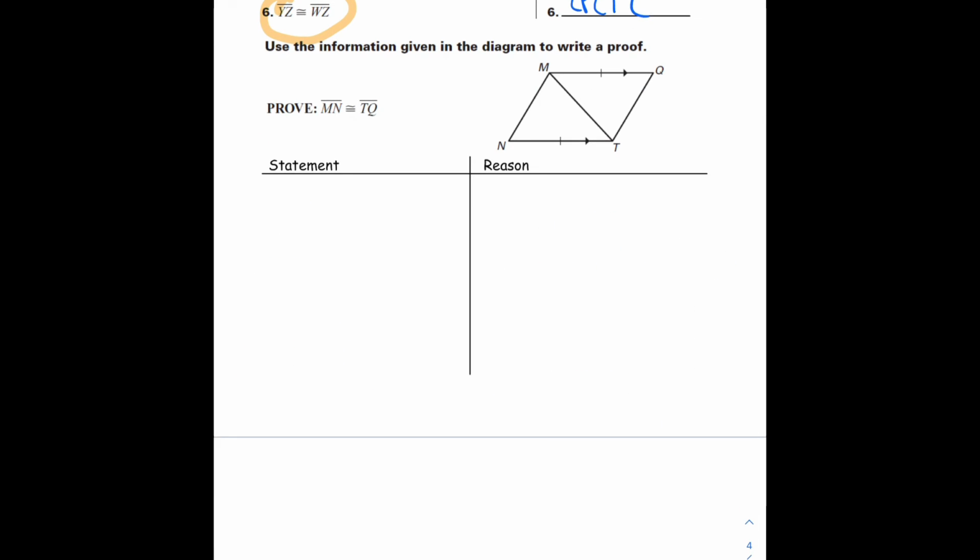Last example, prove MN is congruent to TQ. Okay, well, I see that for starters, MQ is congruent to NT, that's given, and MQ is parallel to NT, also given.